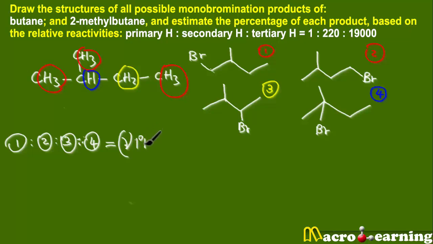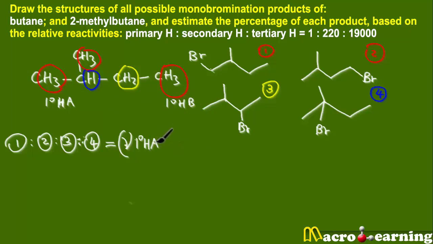So for primary hydrogen, let's call these 6 hydrogens primary hydrogen A, and these 3 we call primary hydrogen B, because all these 9 hydrogens don't lead to a single product, they actually lead to 2 different products. These 6 correspond to this product, and these 3 lead to this product instead. So we have to distinguish between these 6 and these 3.